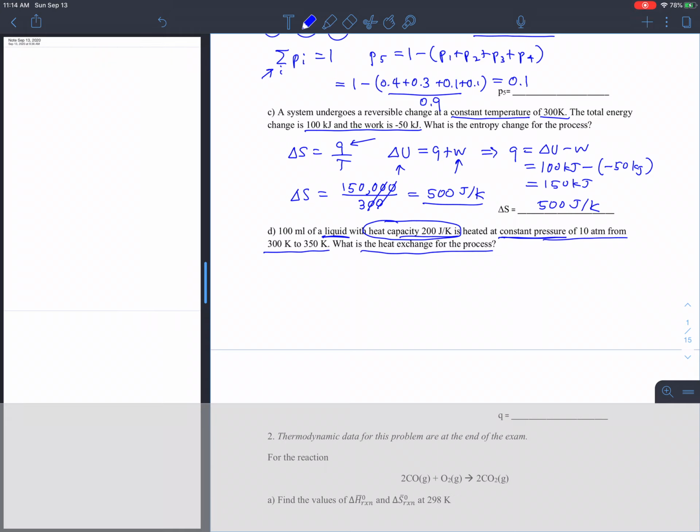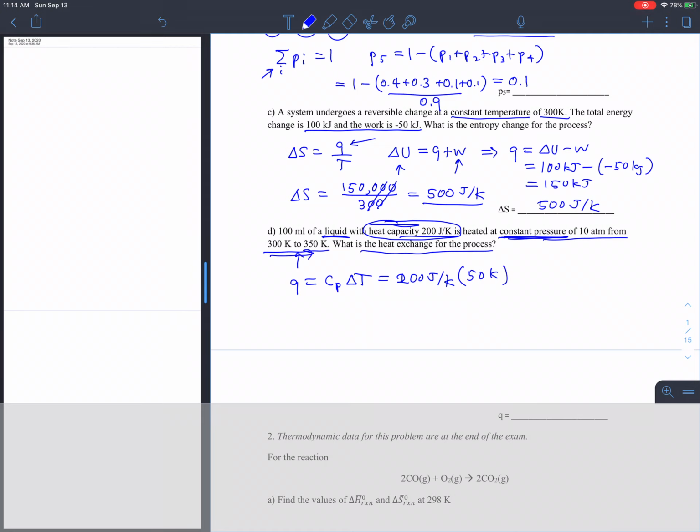And so the heat capacities C_V and C_P are essentially the same, and so we'll just use it that way, assuming that it's close enough to the constant pressure heat capacity for our purposes. In that case, Q is equal to C_P times delta T. That's 200 joules per K times a delta T of 50 K.